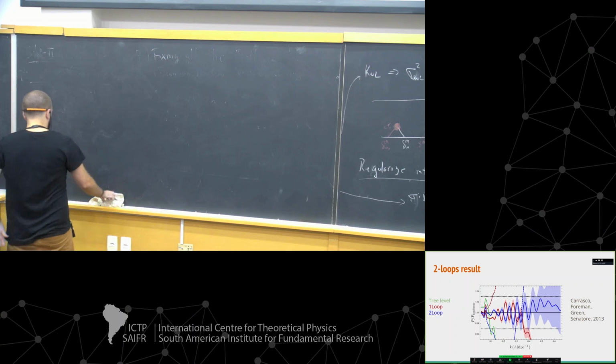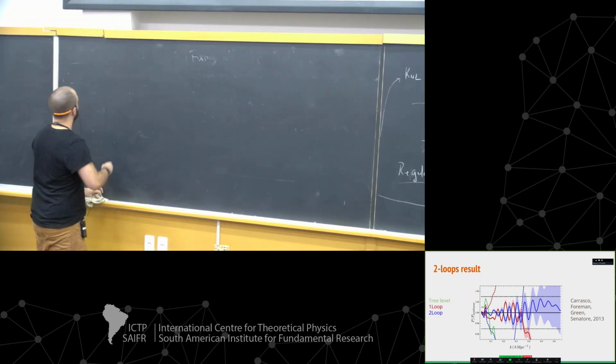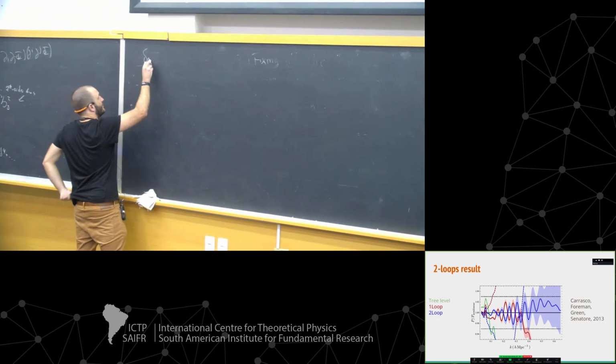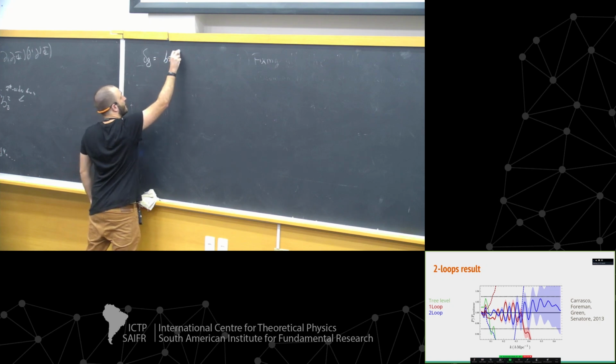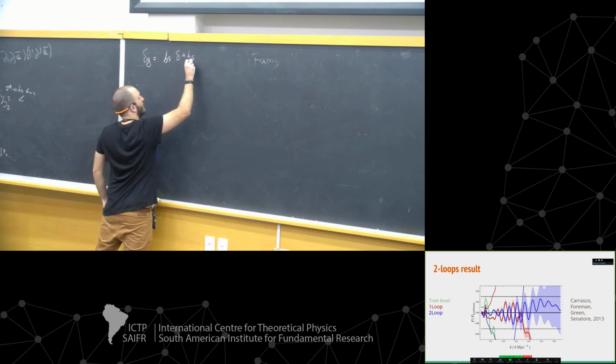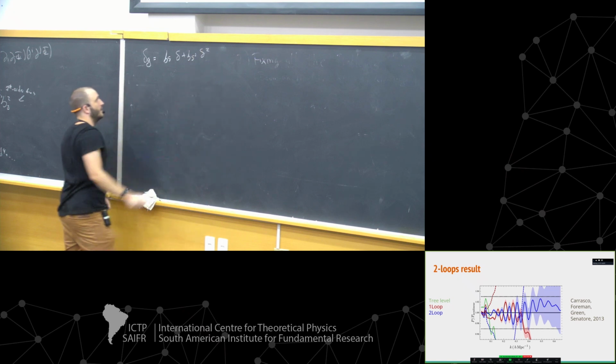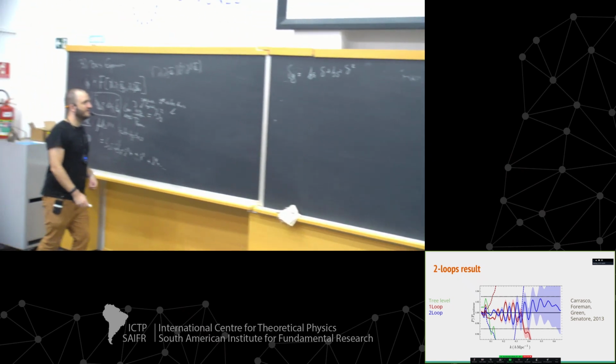So let's generically write down something. Delta G is equal to B delta plus B delta square. So let's suppose this is the expansion we have.